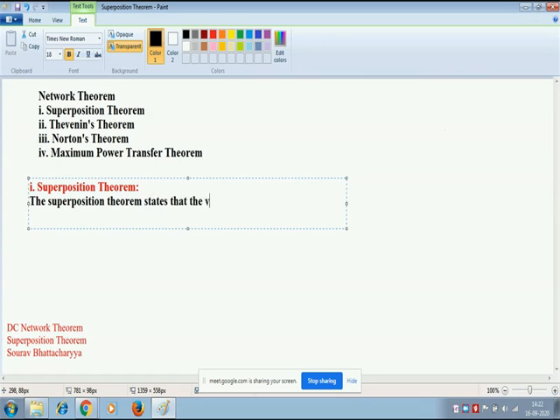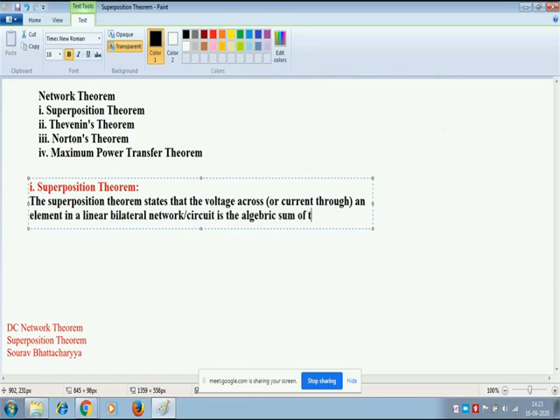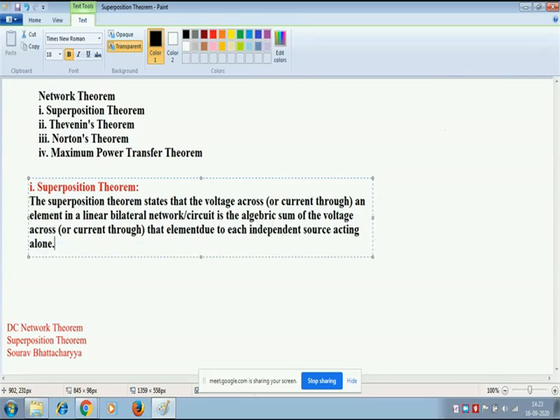It states that the voltage across or current through a linear network, or we can say circuit, is the algebraic sum of the voltage across or current through the element, due to each independent source. So this is the definition.